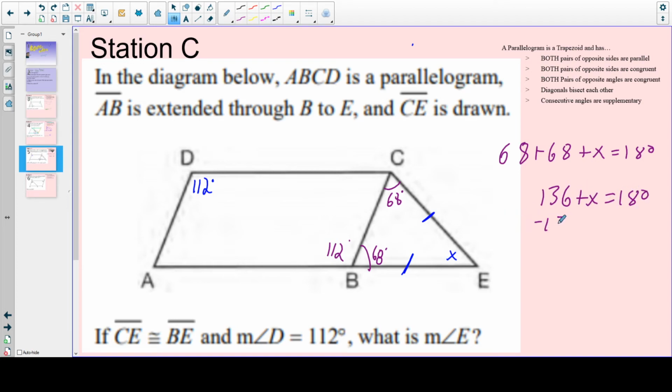Then I can subtract 136 on both sides, and you're left with x equals 180 minus 136. The measure of angle E is 44 degrees. Very similar to the other one. It's actually the same process as the other. You just got to be very careful with the picture.